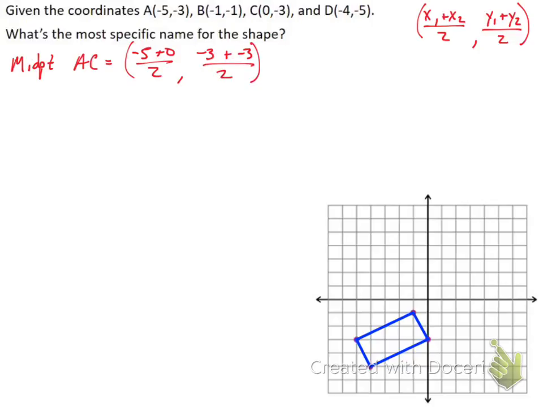So the midpoint of AC is going to be: -5 plus 0 gives me -5, divided by 2 gives me -2.5. And then -3 plus -3 gives me -6, divided by 2 gives me -3. Okay. Do the same thing for BD.